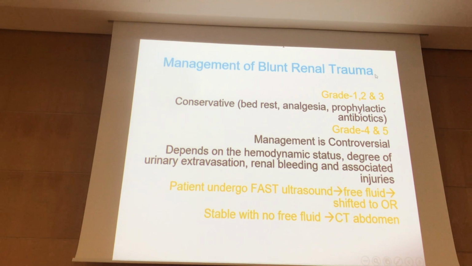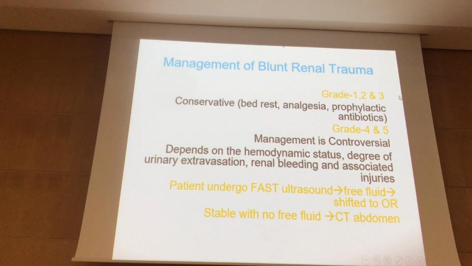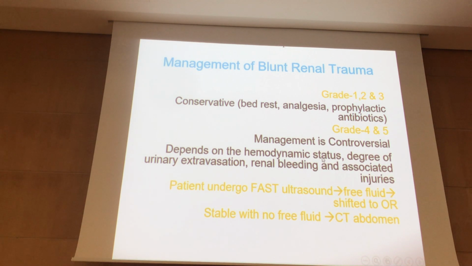Okay, so blunt renal trauma, grade 1, 2, 3, as I've told you, you do nothing. Grade 4, 5 management is controversial and depends on the hemodynamic status. If he's hemodynamically stable, you ask for a FAST scan to rule out any extravasation of urine. The degree of urinary extravasation, renal bleeding and associated injuries all matter. It's not only the renal, it can be splenic, liver or pancreatic injury associated with a renal injury, so you have to take all into context.